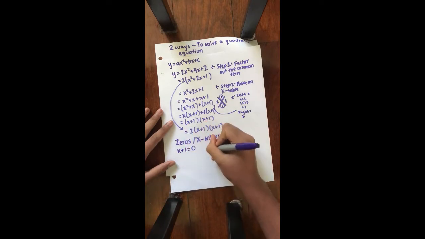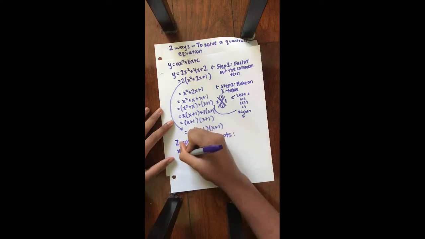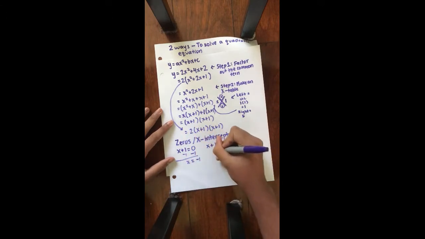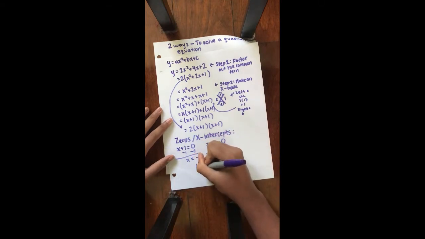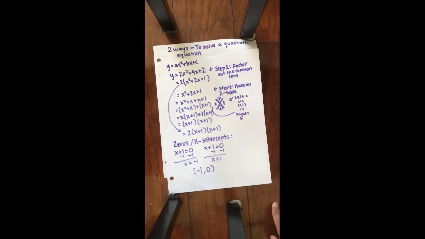So x plus 1 is equal to 0, and the other x plus 1 equals 0. If we solve for x, we get x is equal to -1 for both, since they're both the same. So our only zero is (-1, 0). We found our zeros and our x-intercepts, and we found the factored form.